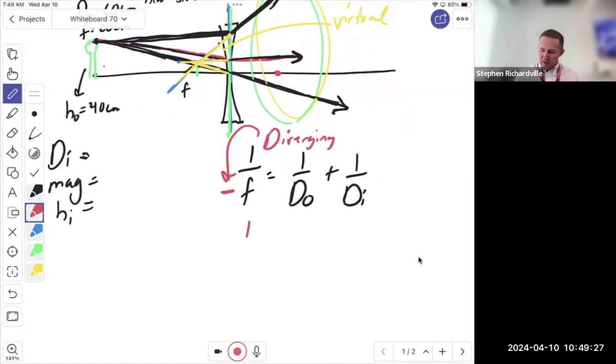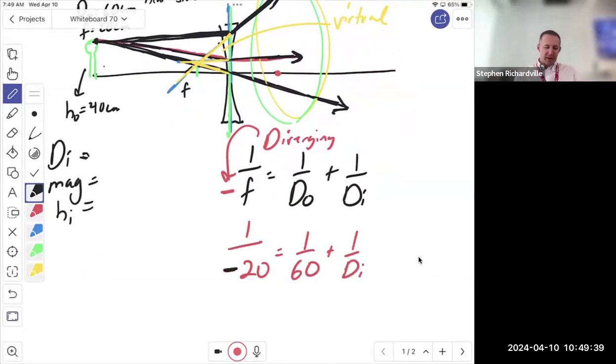So now, if I do 1 over negative 20 equals 1 over, nothing else changes. Still positive for the DO. Everything else is good. The only change is that guy has to be negative. When I do that, 1 divided by negative 20 minus 1 divided by 60, 1 divided by second answer, I get negative 15.